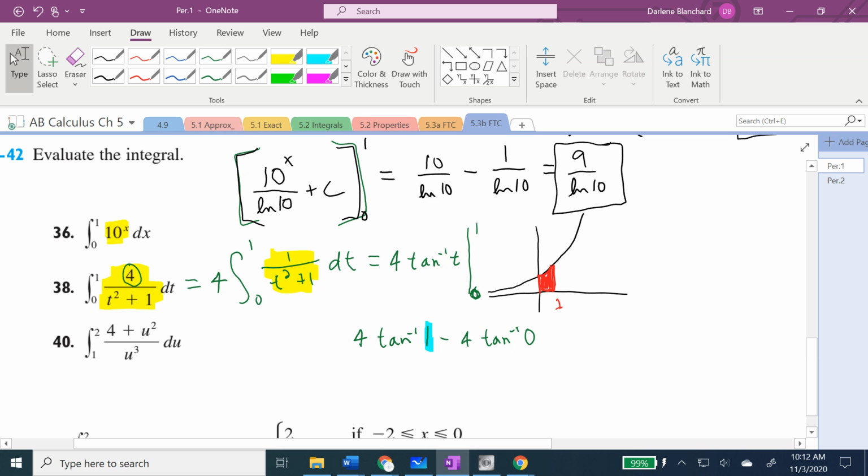When it comes to tangent, I like to say, what angle is it that causes a slope of 1? And then I see the correct answer there, pi over 4.